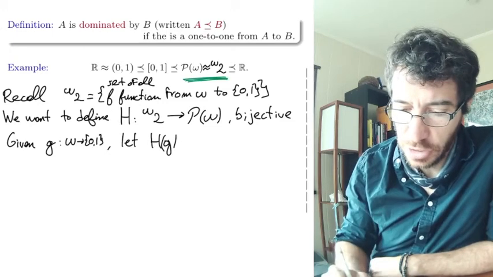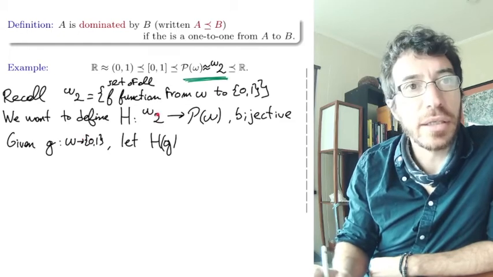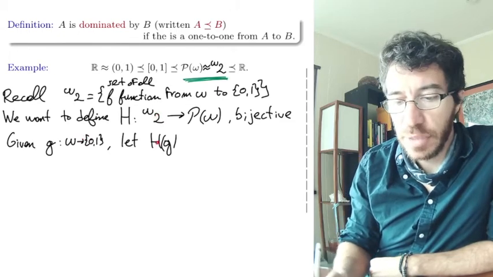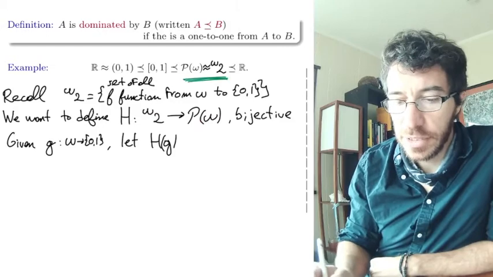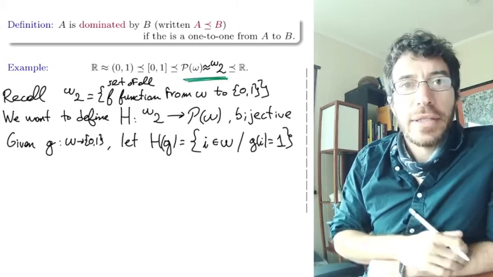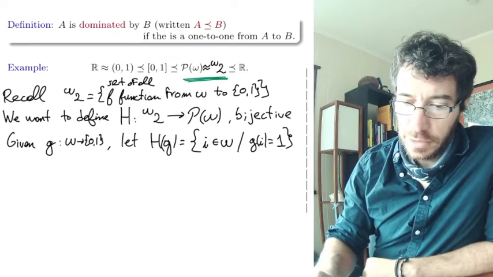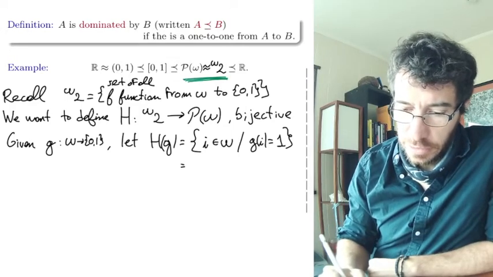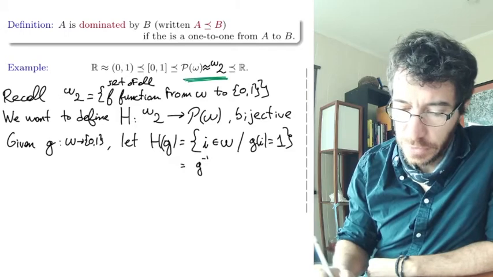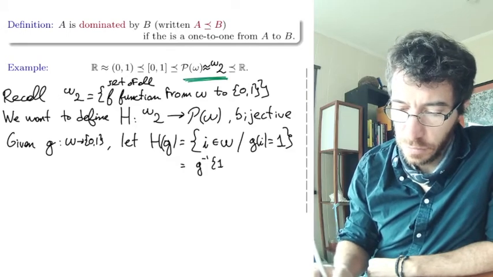Notice that g belongs to this set, and now we want to define h of g that belongs to this one, so this has to be a subset of the natural numbers. It is the set of all the i's such that g of i equals 1, which sometimes we can write as g inverse of the set {1}.